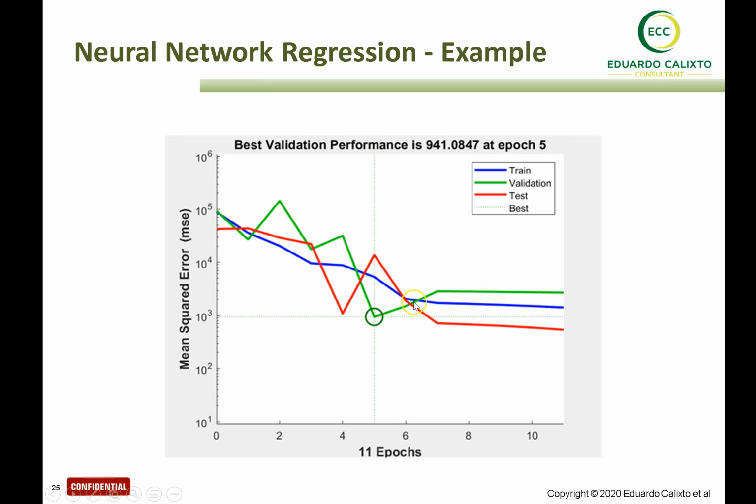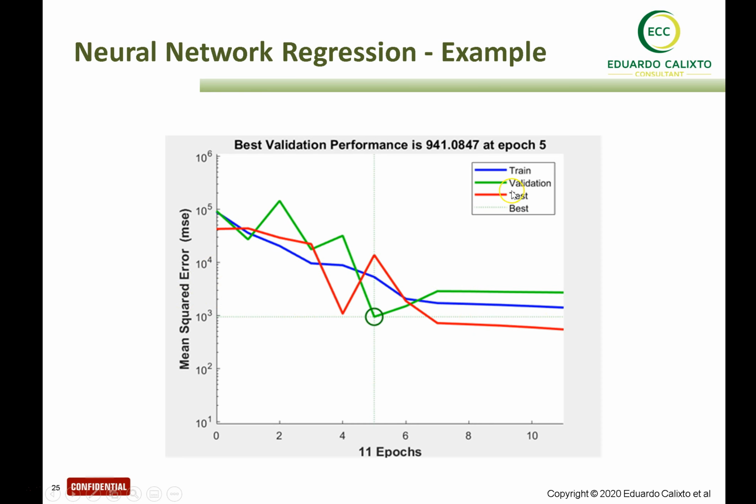So if I go further, I will not reduce the error, so I'm losing simulation time by doing that. Similarly, if I look at the other plots, for example, the blue one is the training data set. In the training data set, the error is reducing. When we get to 11, I've got the minimum error that I can achieve. So there's no reason to go further with more simulations, feed forward and backward, to update the weights and minimize the error.